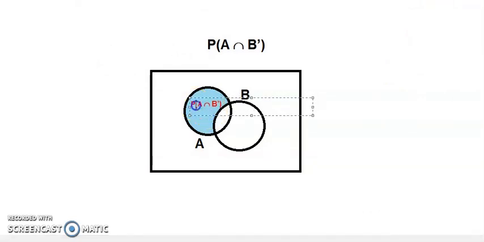How to find this blue area? If you look at this Venn diagram, we can find the blue area by subtracting the intersection part from area A. Area A minus the intersection part gives the blue area, which is area A intersect B prime.